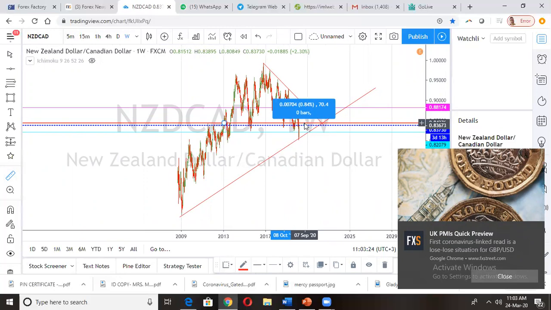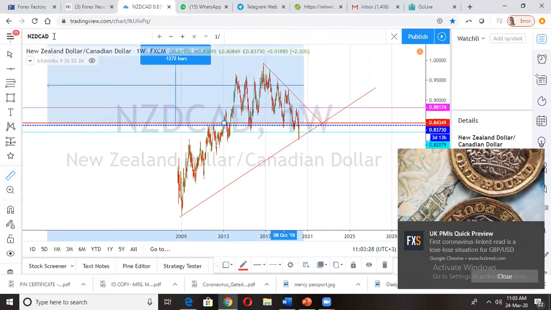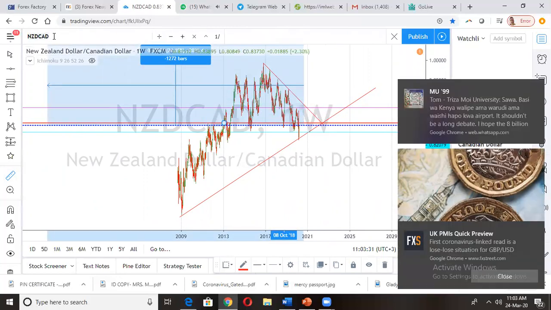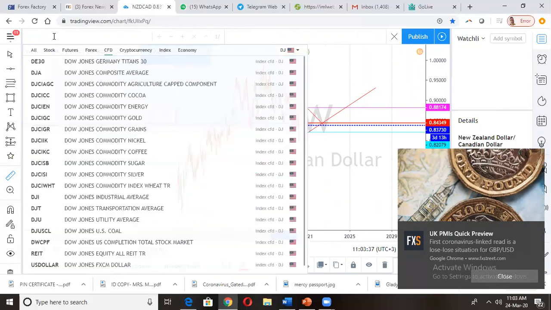Let's say 80 pips on NZD CAD. I think I've analyzed most pairs. Gold, I'm still 50-50. So the ones I said were high probability.